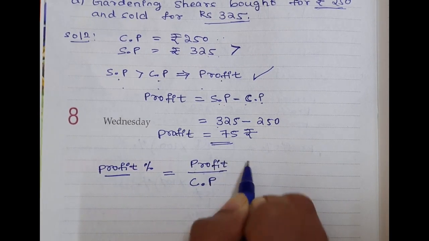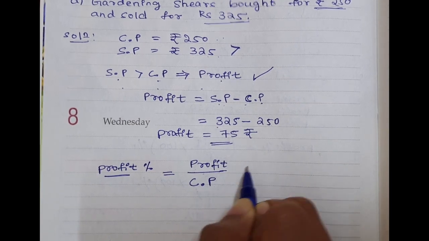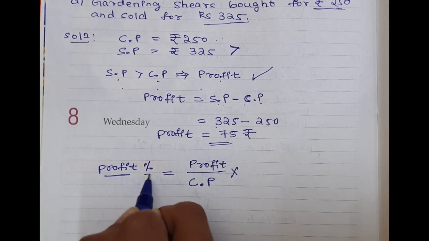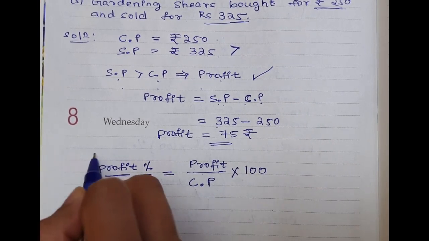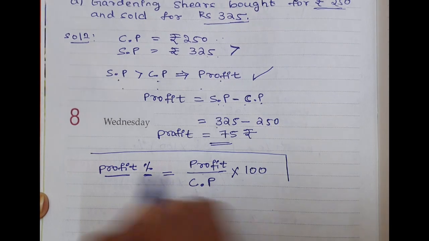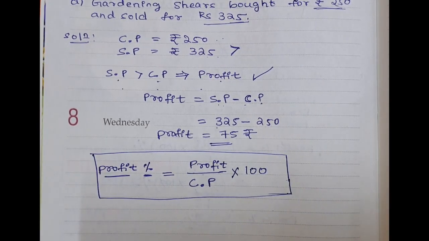If it is for loss, then write loss. Profit divided by cost, we have to write in terms of a percentage, so multiply this with 100. This is a formula, very, very important. Please make a note of it.